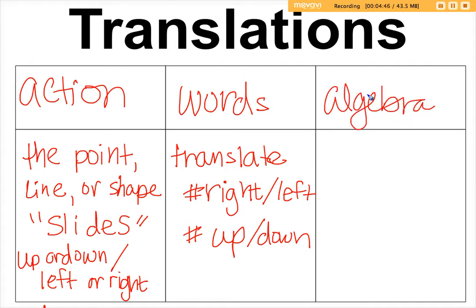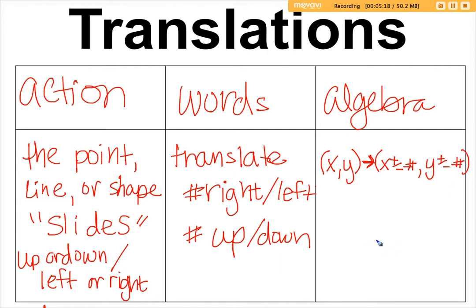You may also get your instructions written using algebra. And here's what that looks like. You'll be given an ordered pair and then you'll have an arrow. And the arrow tells you this is what's going to happen to each of these coordinates. The x is either going to be added or subtracted. So it'll be x plus or minus some number. Then you'll have your y coordinate plus or minus some number.